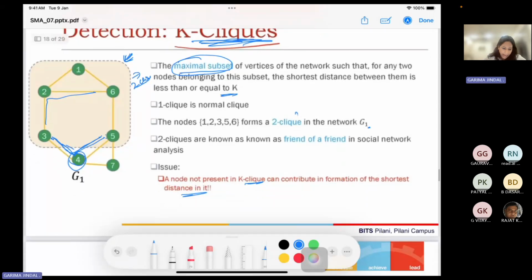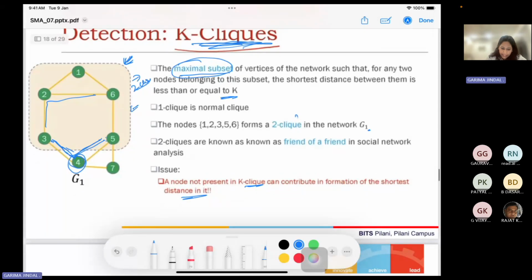Okay. On the other hand, if you see this particular example, is the subgraph that we are considering a K clan or not? Is it a 2 clan or not? I'm considering this particular graph 1, 2, 3, 5, and 6. Is it 2 clan? Please check and tell me.